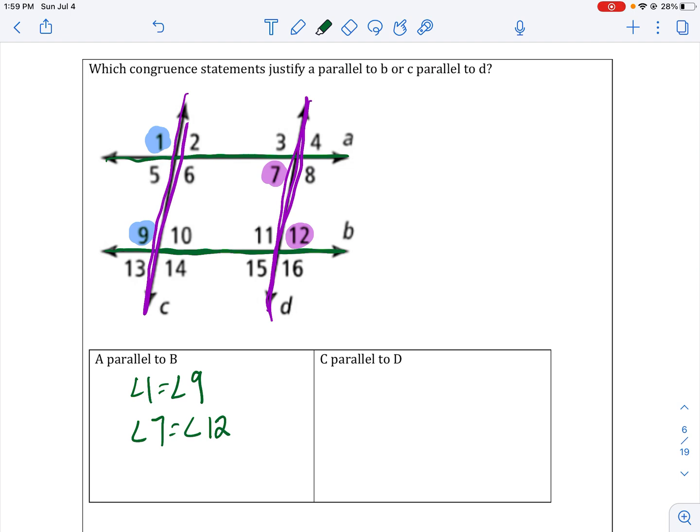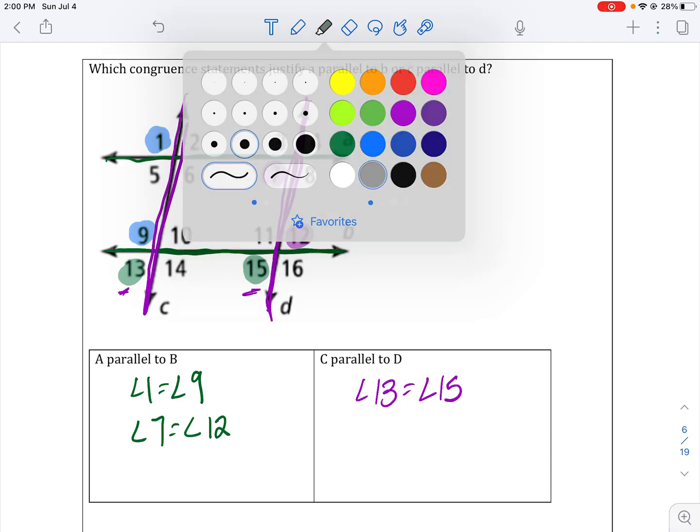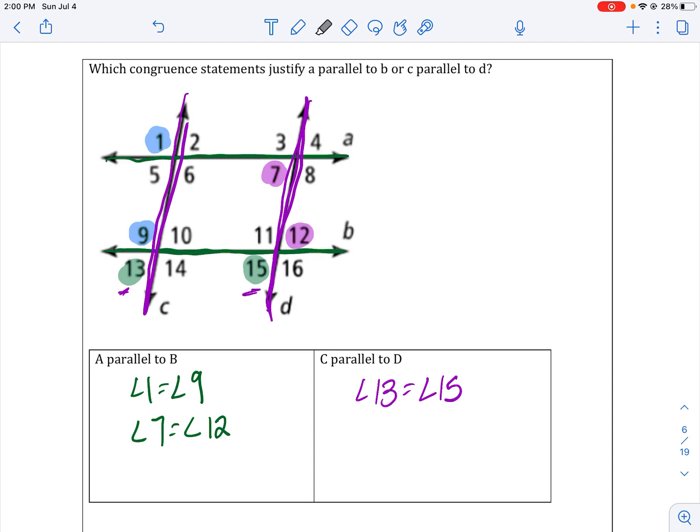So let's start with 13 and 15. Let's say that angle 13 equals angle 15. Those are corresponding angles because 13 is in the lower left of its cluster, 15 is in the lower left of that cluster. If those are equal, then line C is parallel to line D. And then let's do 6 and 3.